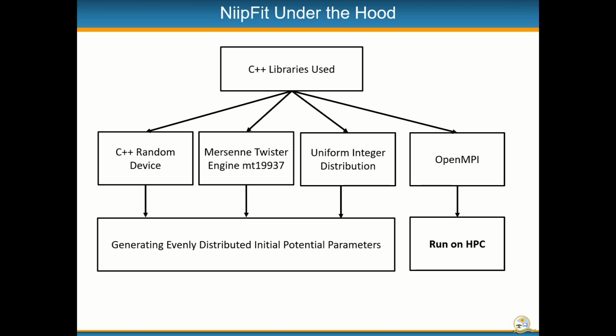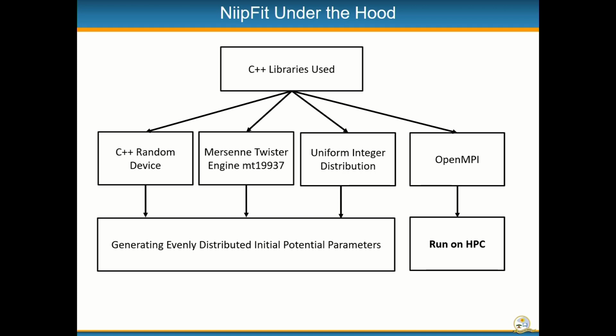The reason is that if you're fitting like 6 parameters concurrently, it's very difficult for a human to do, and you have a lot of possibilities, probably trillions of sets of these potentials. So we want to sample each parameter combination evenly, which is why we use this approach.